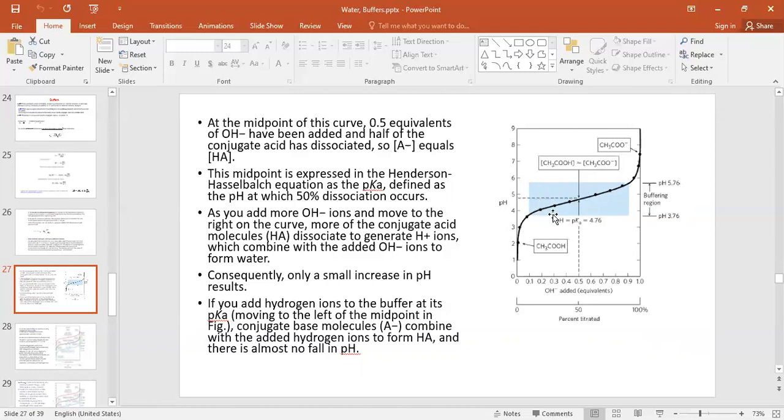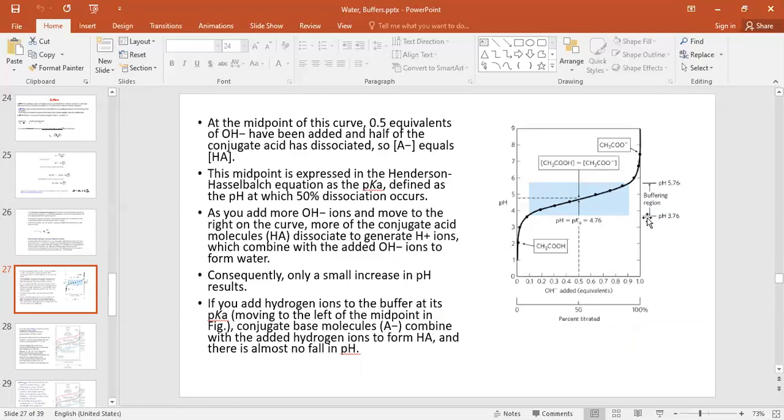You see that this solution shows maximum buffering capacity in this region. This region is known as the buffering region, and it equals pKa plus or minus 1. So the buffering region for acetic acid is from 3.76 to 5.76, because pKa equals 4.76.